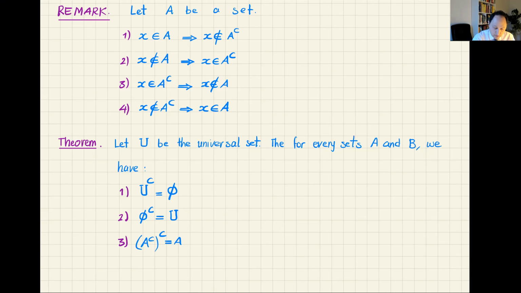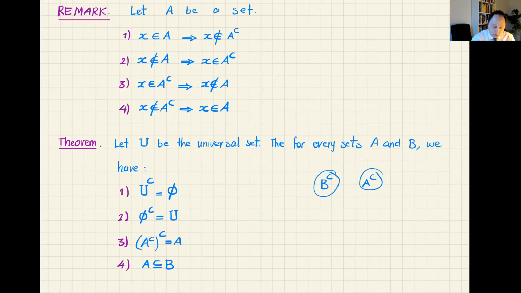Number 4 is interesting. If two sets have this relation, if I know that A is a subset of B, what do you think about B complement and A complement? Do they have a relation together or not? If they have, in which direction is that relation?